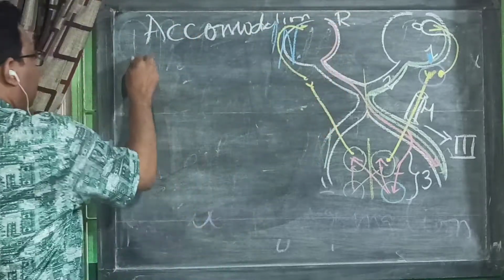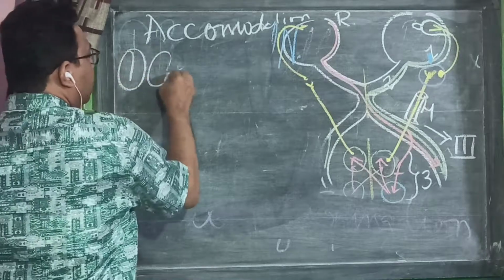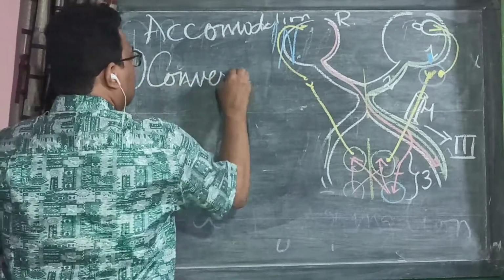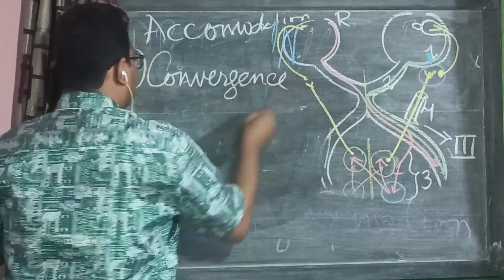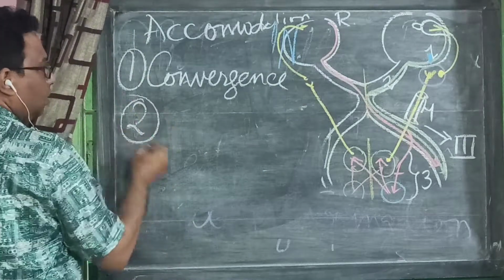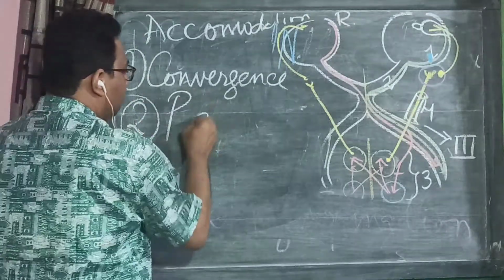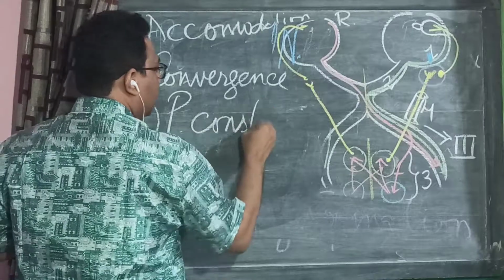So accommodation reflex has three components. One, convergence. Two, pupillary constriction.